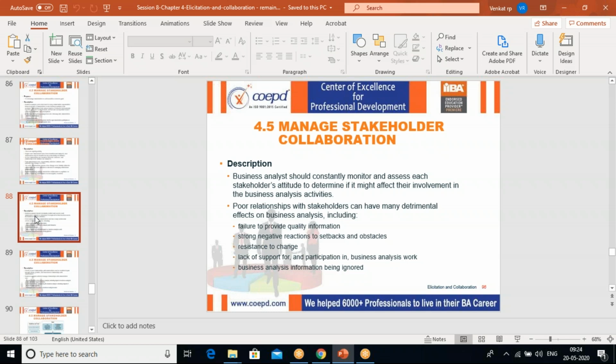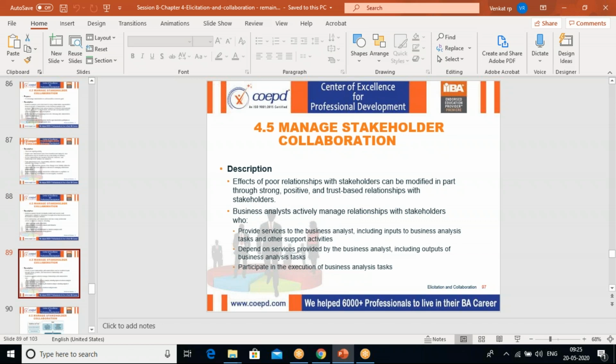And how do we make it stronger? You have to build a strong, positive, trust-based relationship with the stakeholders, so that you can manage a good relationship with those who provide services to the business analysis. They will give you inputs towards your business analysis tasks and all the supporting activities.